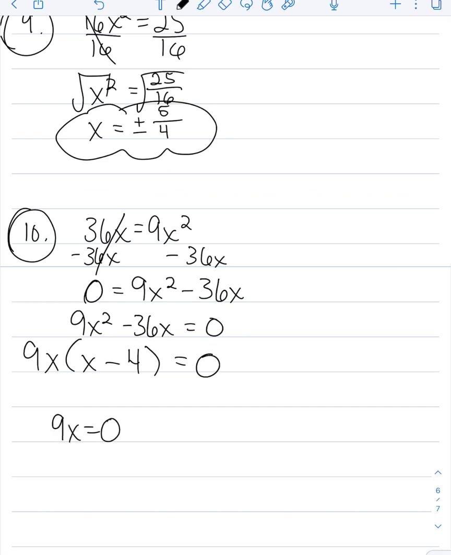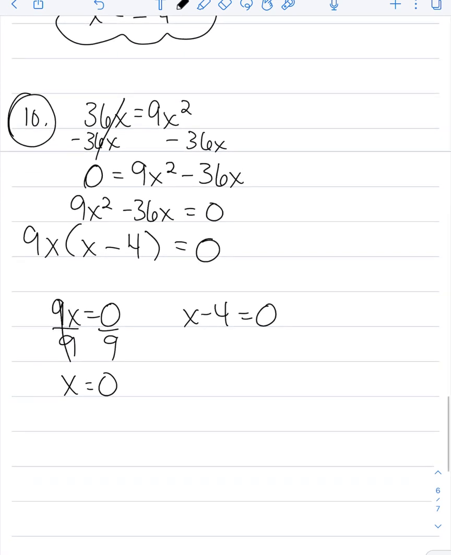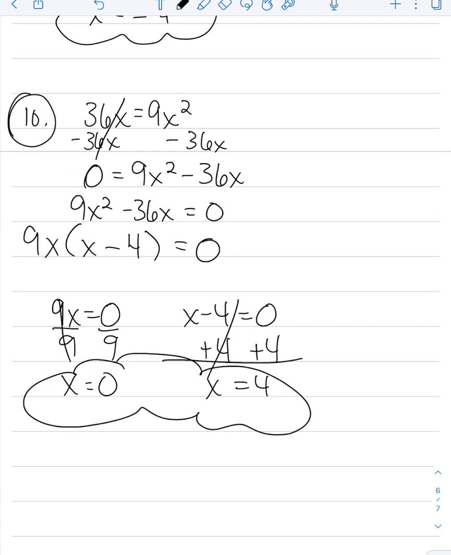So 9x equals 0, and then x minus 4 equals 0. So for this one, I want to divide both sides by 9. So my first solution, or my first zero, is 0. And on this one, I want to add 4 to both sides. So I get x equals 4. So my two solutions, or zeros, are 0 and 4.